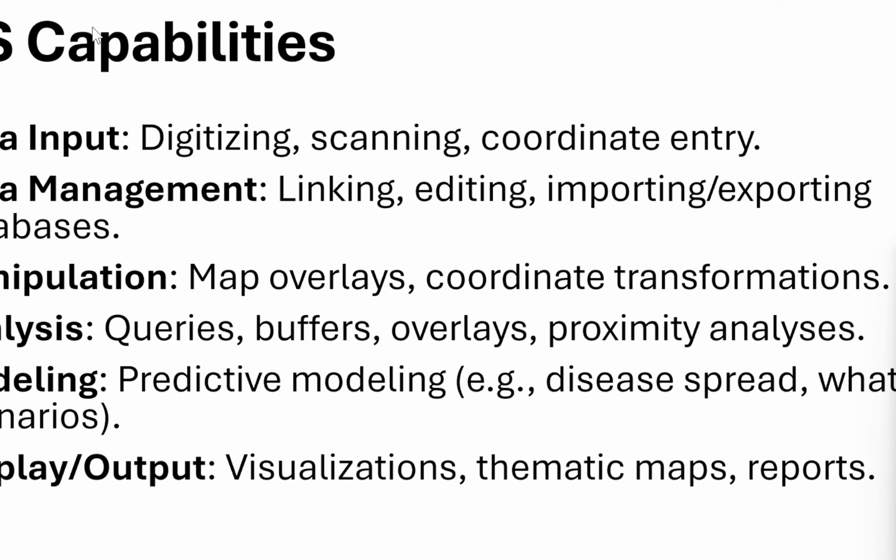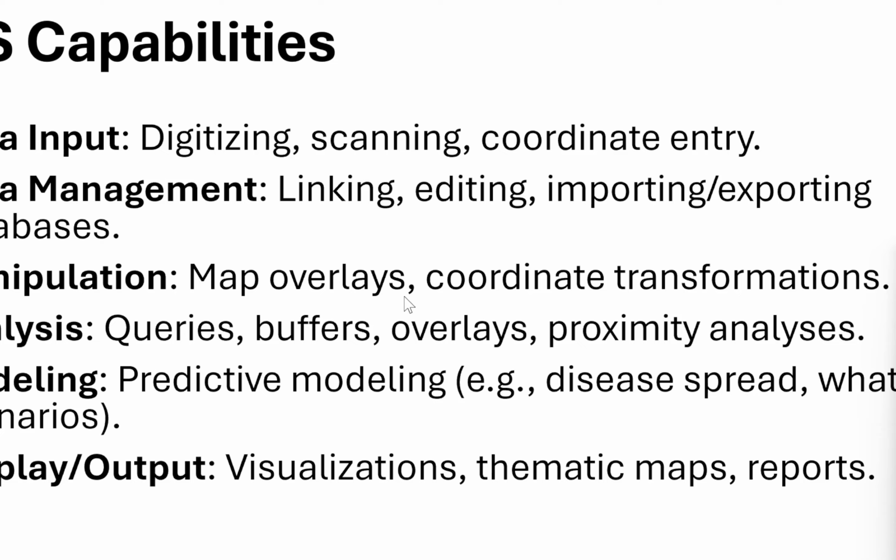So what are GIS capabilities? First is data input. In data input, we can digitize the data, scan the data, or give coordinate entry. Then data management: you can link two data sets, edit data sets, and import and export data sets. Then manipulation.